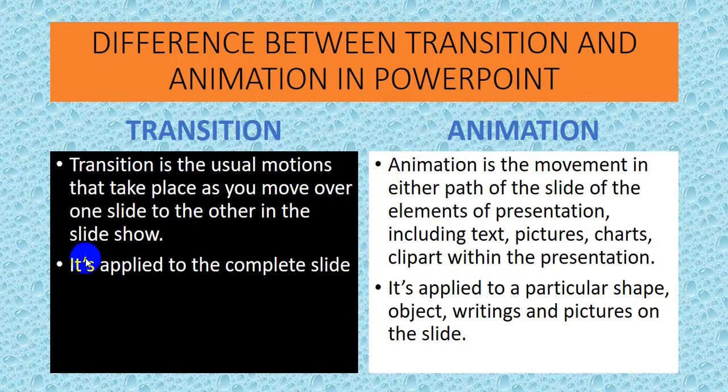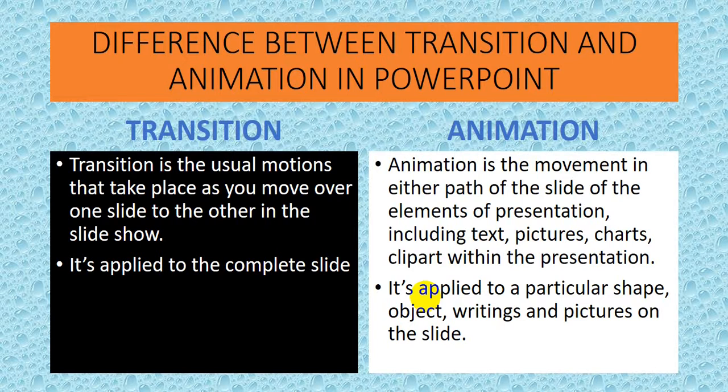And now, if you look at the second point, let me come back to the animation here. We are basically saying that animation affects the content of the slide and transition affects the whole slide. So here, it is applied to the complete slide. And on the other hand here, we are saying that it is applied to a particular shape, object, writings, and pictures on the slide.